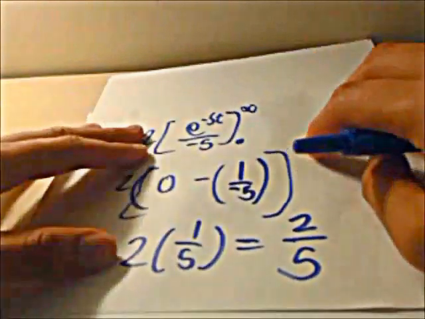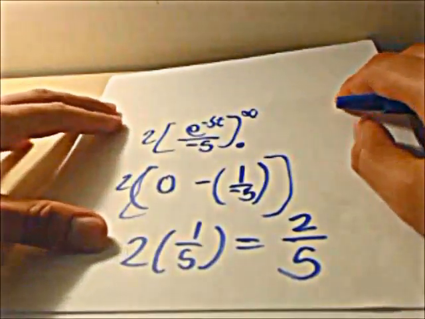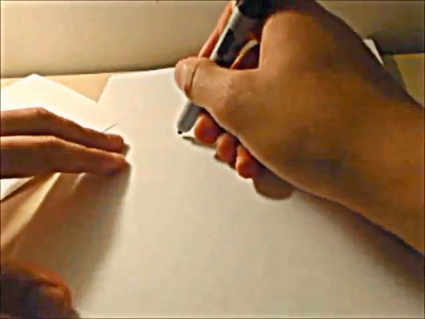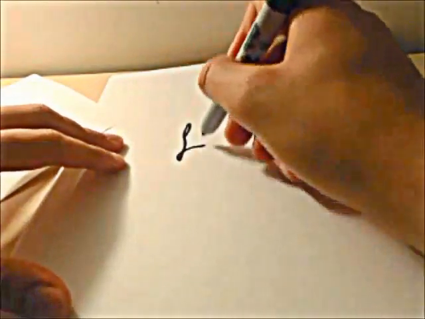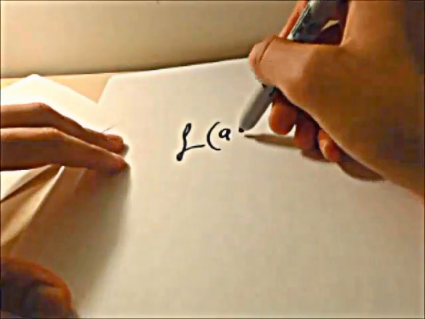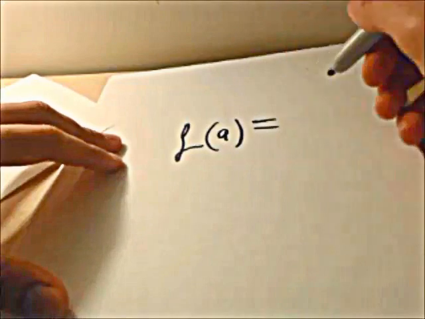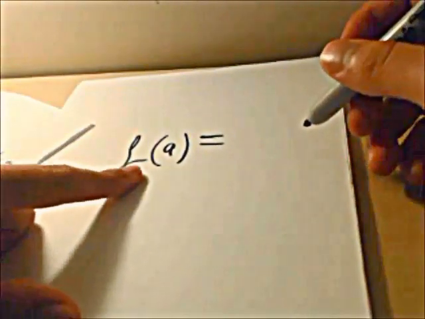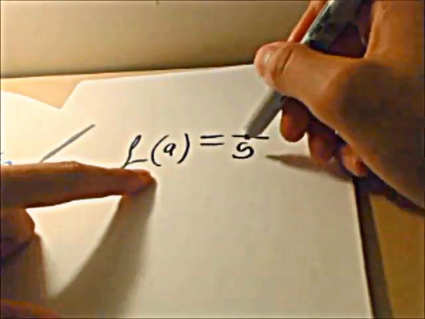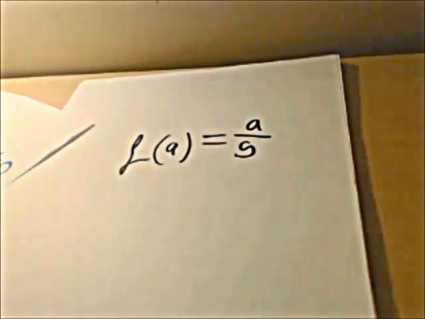If you look at the Laplace transform table, you will see something like that: the Laplace of a constant, sometimes written A or K. I'm just going to call it K. So the Laplace transform of any number is going to be that number over s. That's just one of the Laplace transforms. So yeah, that was the main idea of the Laplace transform.